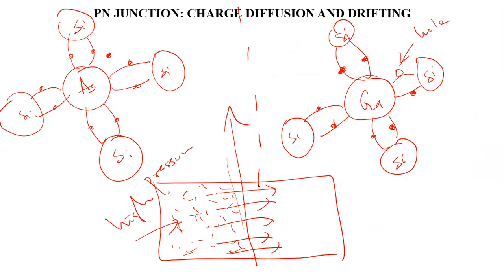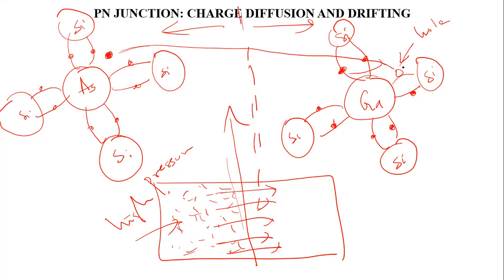As there is a large concentration of free electrons on the left side and a deficiency of electrons on the right side, the pentavalent atom having an extra electron will find, in its neighbor at the periphery of the junction, a vacancy in the trivalent atom.